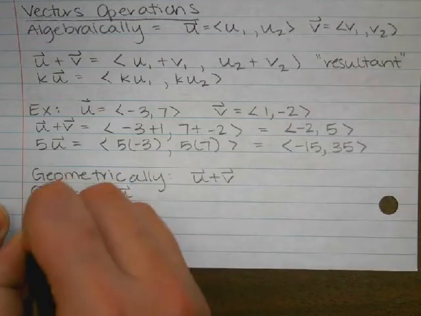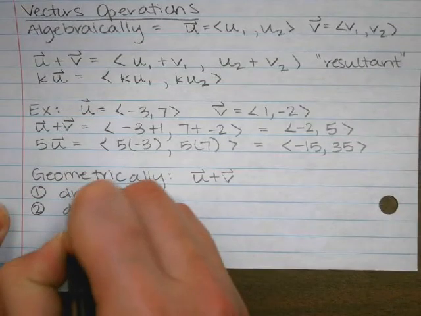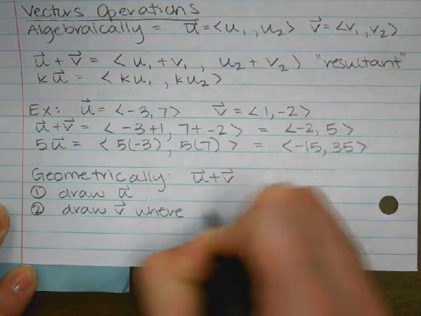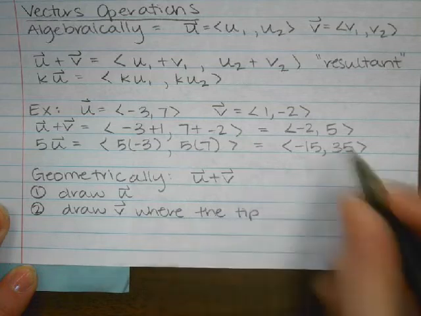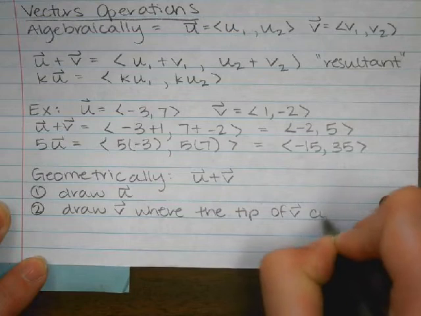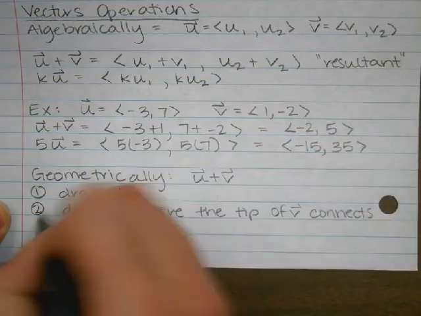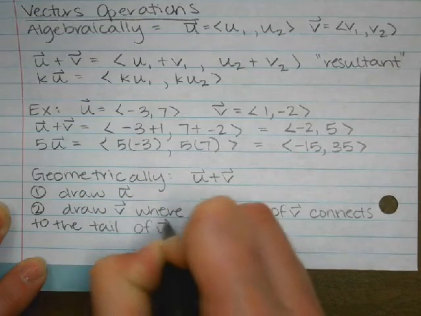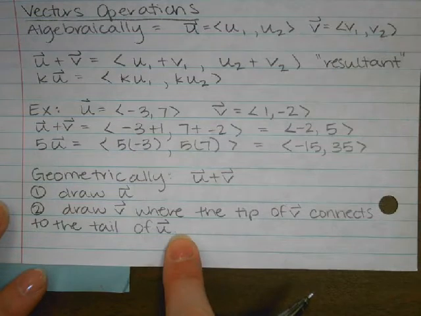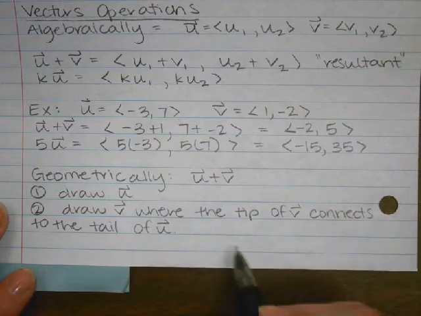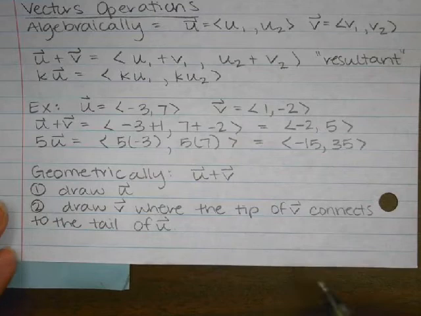Next, you're going to draw v where the initial point of v connects to the tip of u. So u ended at an arrow, and v starts at that arrow to continue the picture.